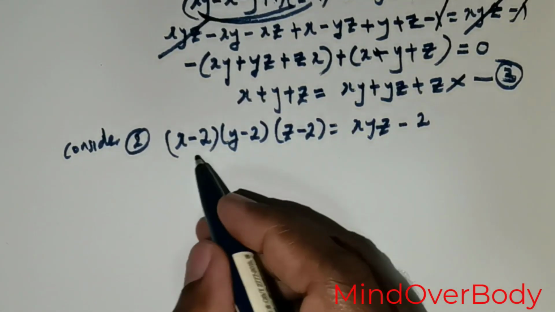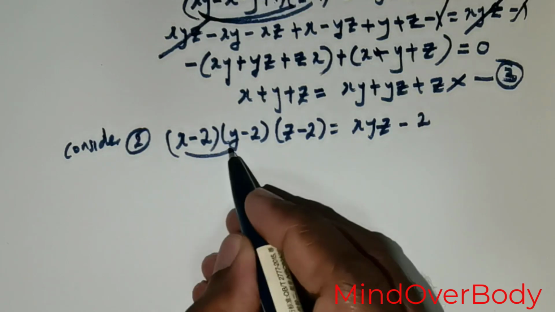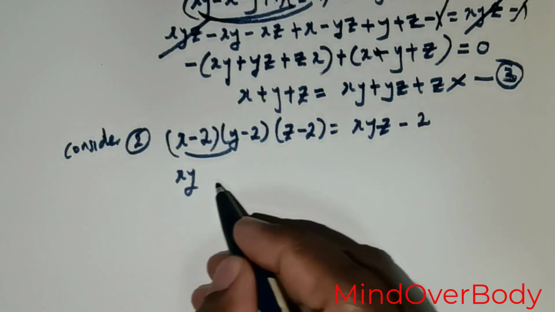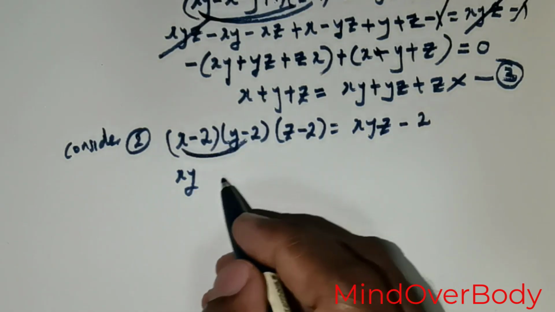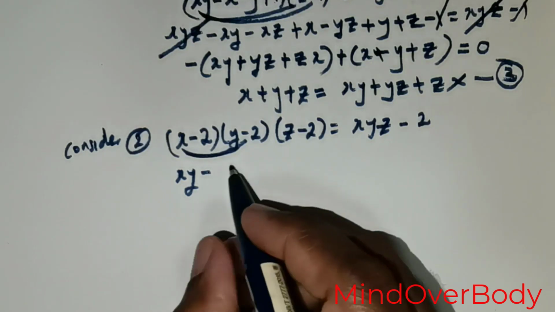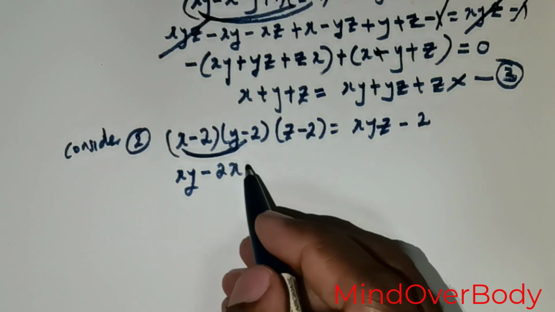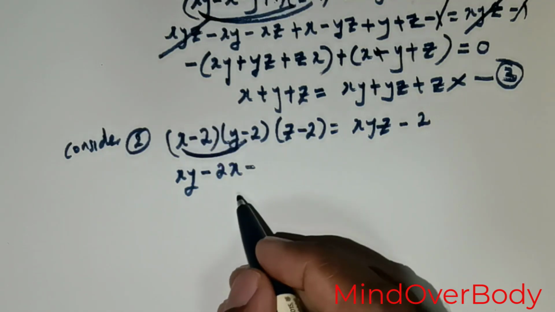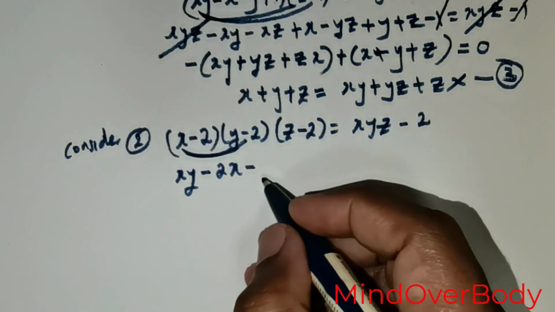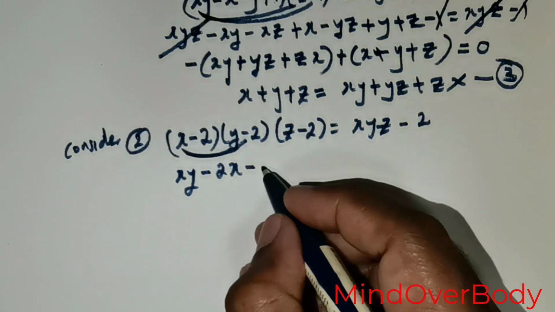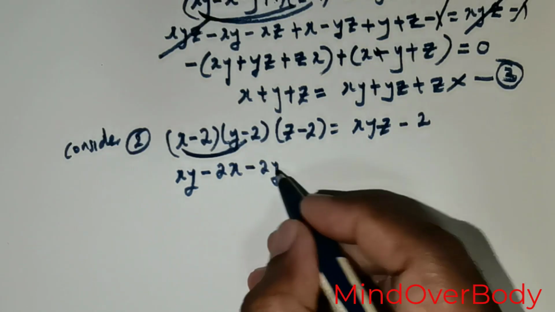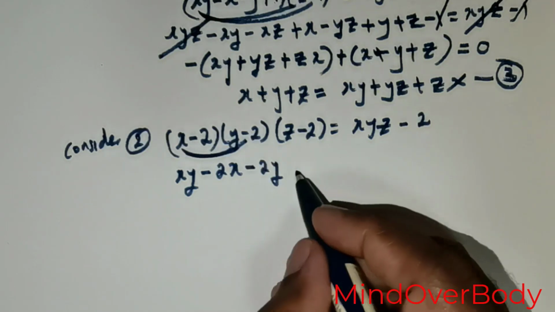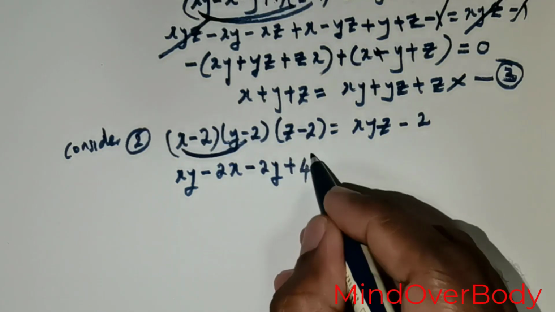As usual, I will multiply two components at a time. So x into y, I get xy, then x into negative 2, that's negative 2x, and negative 2 into y, that's negative 2y, and negative 2 into negative 2 is positive 4.